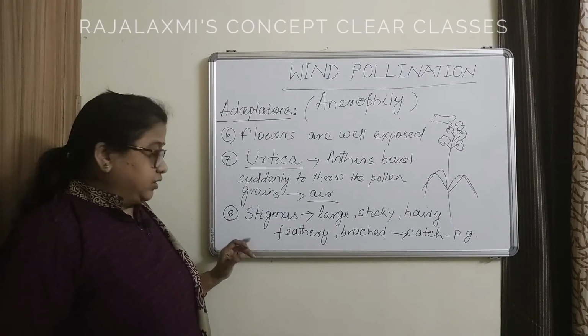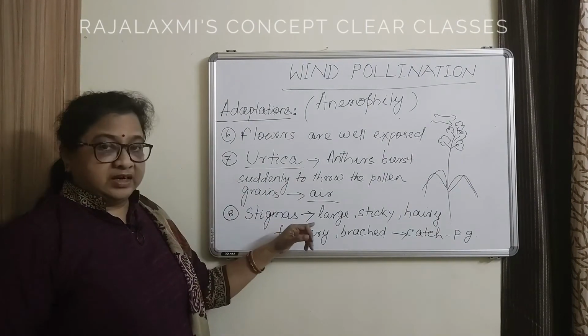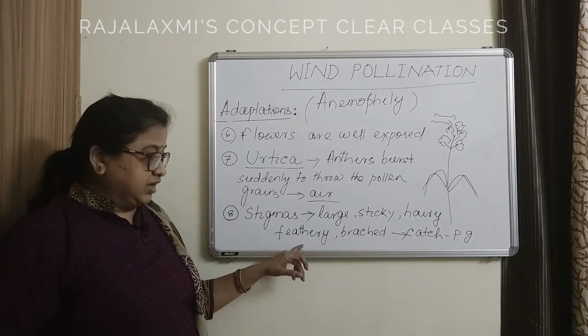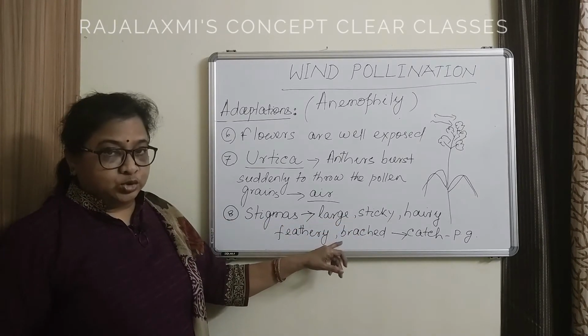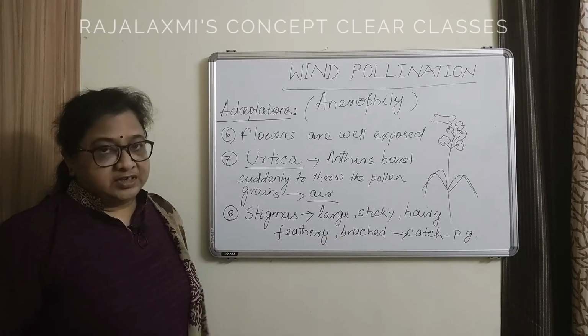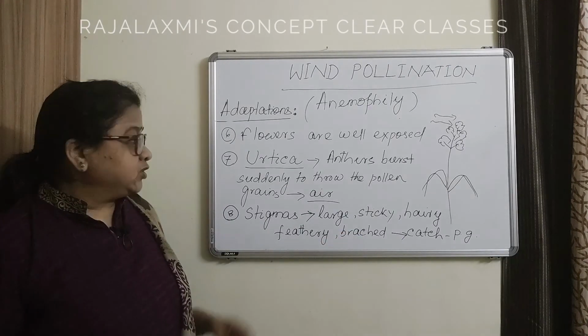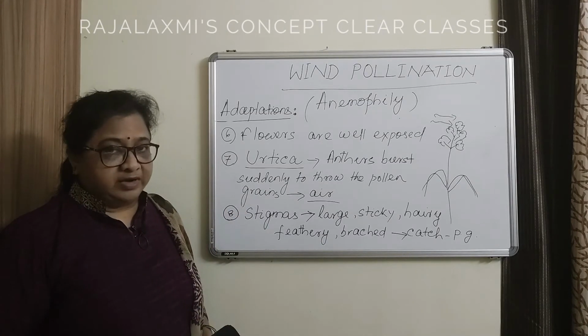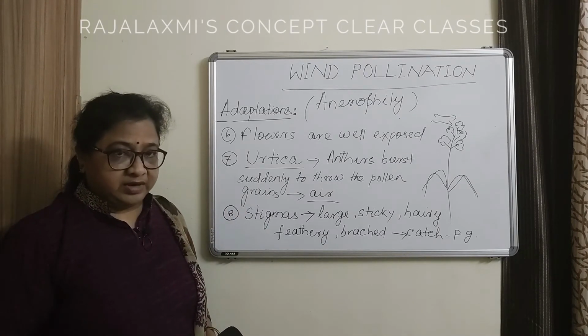So in these flowers the stigmas are generally large and sticky, hairy or feather-like or branched to catch the pollen grains easily. So these are the adaptations of anemophilous flowers or wind pollinated flowers.